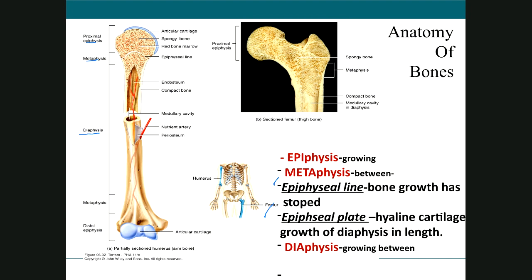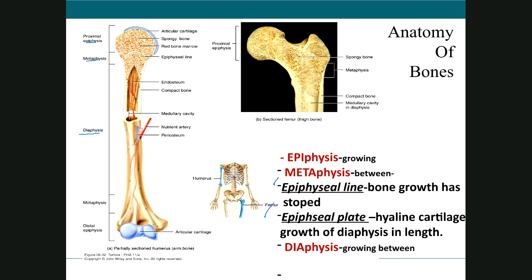On this image too, we could see the articular cartilage on the ends, which is a thin region of hyaline cartilage. Remember, this is avascular and lacks a perichondrium.